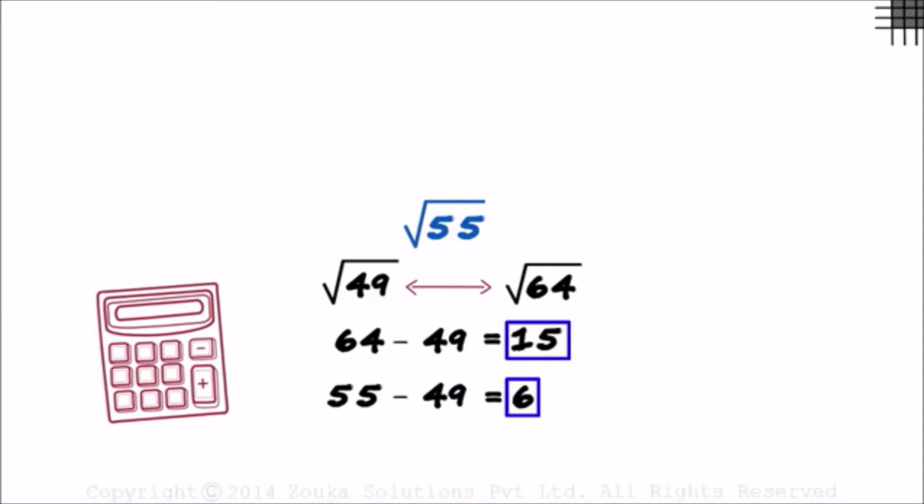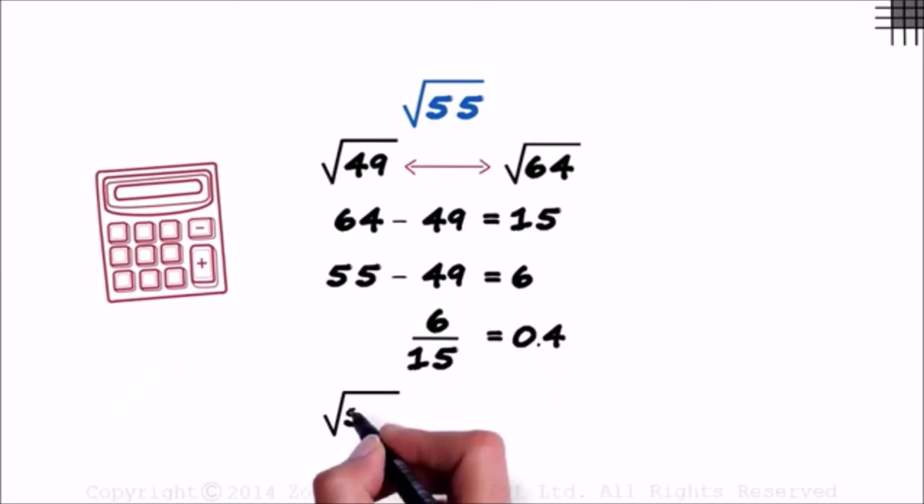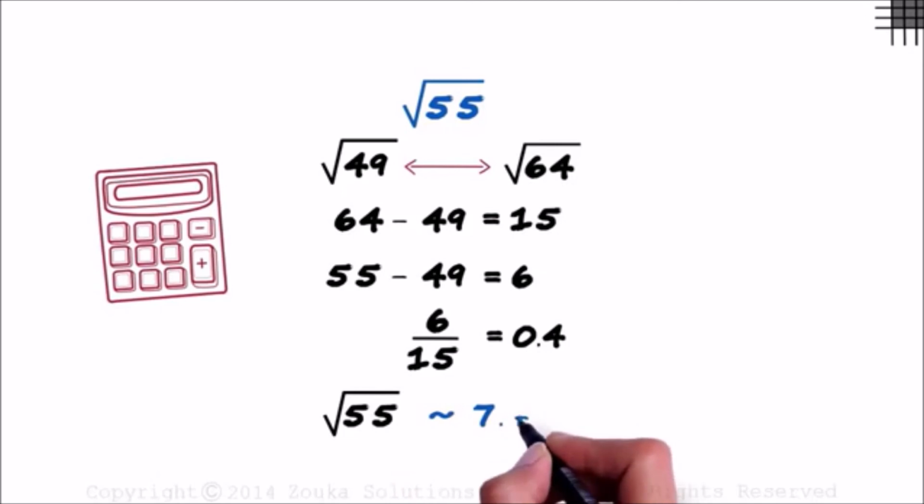Now, 6 over 15 will tell us how far the answer is from 7. 6 divided by 15 is 2 over 5, which is 0.4. So the square root of 55 will approximately equal 7.4.